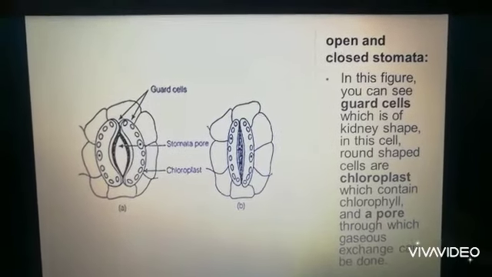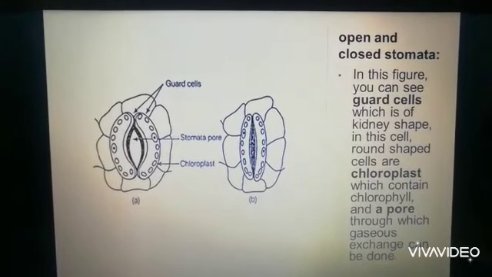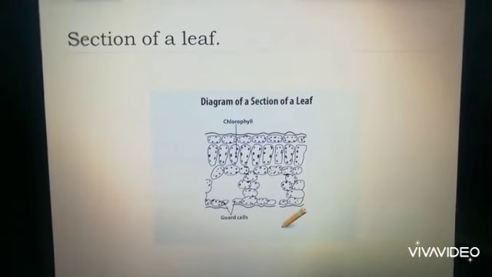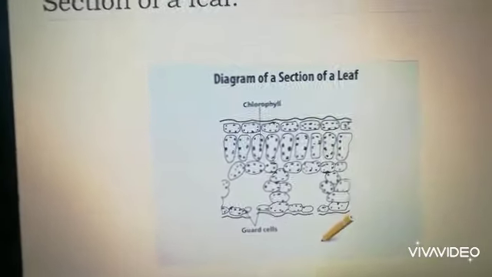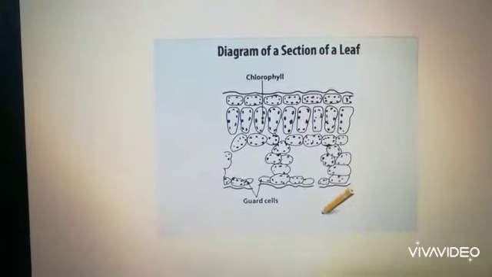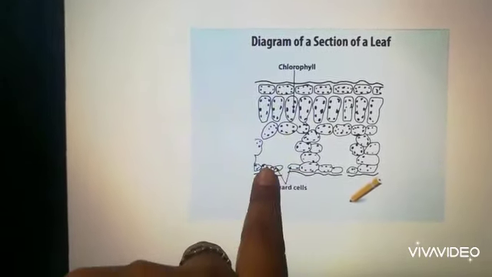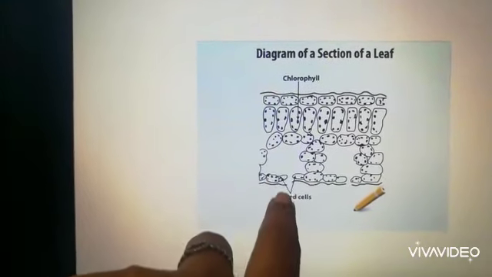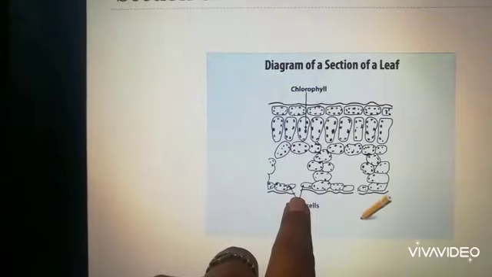Now how the stomata appear in the leaf structure will come in the next slide. Here you can see the section of a leaf where you can find the stomata. These two are the guard cells, which have open space inside, meaning the stomata is open.